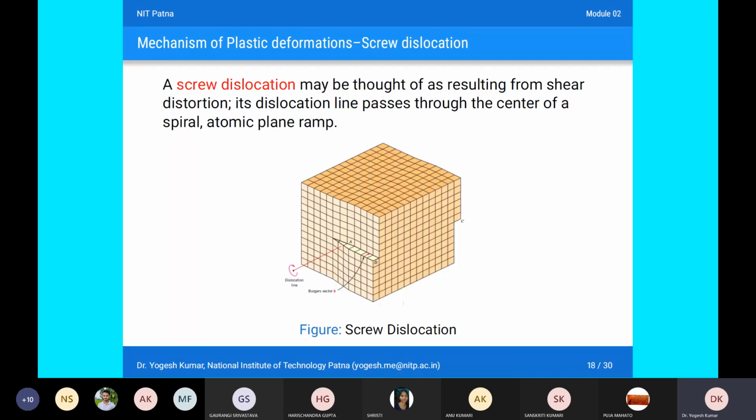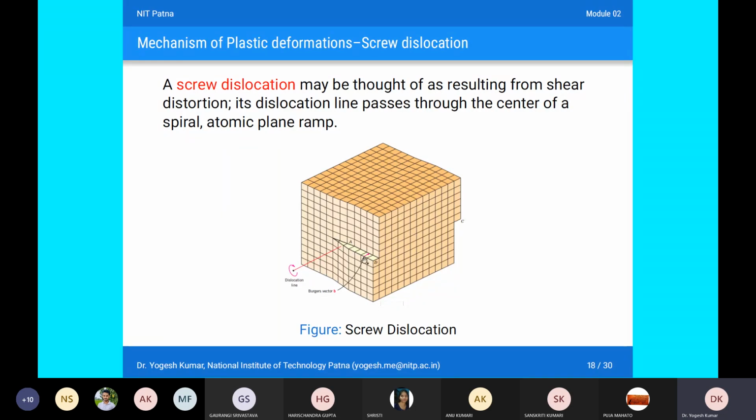Okay, then there is another type of dislocation, that is called the screw dislocation. In screw dislocation, the dislocation may be thought of as resulting from a shear distortion. Its dislocation line passes through the center of a spiral atomic plane ramp.